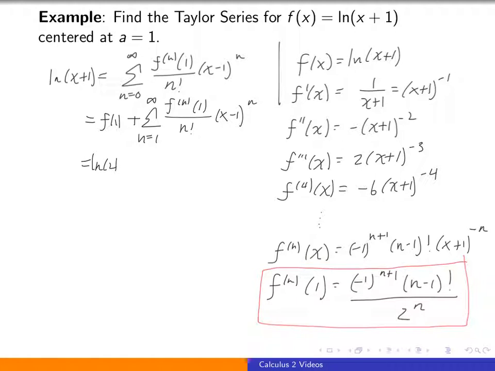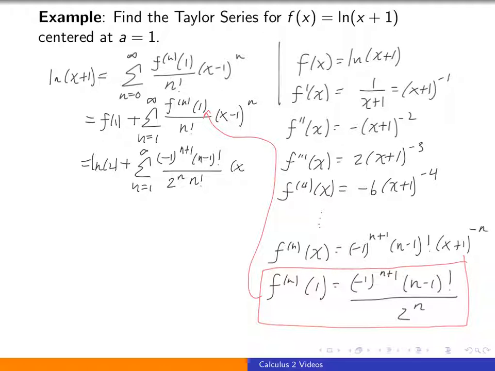And then for the nth derivative evaluated at 1, we'll simply take the formula that we've generated and plug it in. So that would be the sum from n equals 1 to infinity of minus 1 to the n plus 1, times n minus 1 factorial. We're dividing by 2 to the n, and we also have an n factorial already in the bottom.